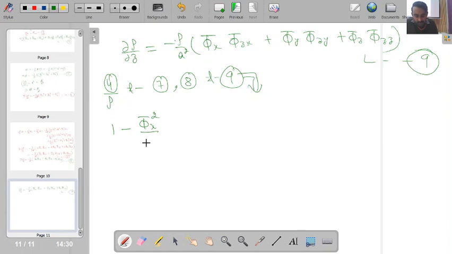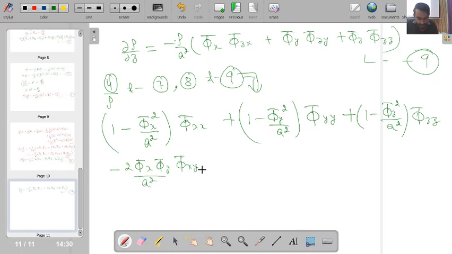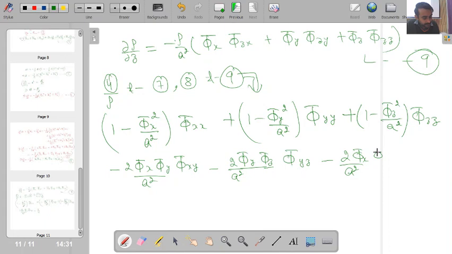1 minus phi bar x square by a square, into phi bar xx plus 1 minus phi bar y square by a square into phi bar yy plus 1 minus phi bar z square by a square into phi bar zz, minus 2 times phi bar x phi bar y into phi bar xy by a square, minus 2 times by a square phi bar y phi bar z into phi bar yz, minus 2 times by a square phi bar x phi bar z into phi bar zx equal to 0.